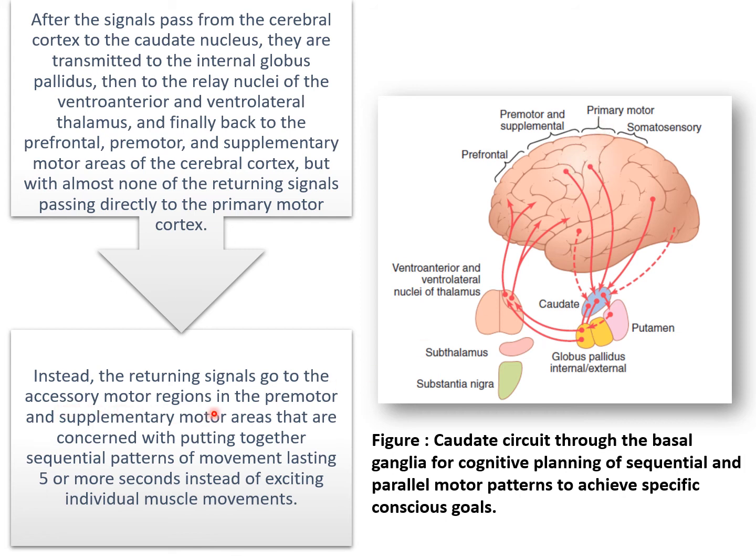Instead, the returning signals go to the accessory motor regions in the premotor and supplementary motor areas that are concerned with putting together sequential patterns of movements lasting 5 or more seconds, instead of exciting individual muscle movements. So this is the caudate circuit through the basal ganglia for cognitive planning of sequential and parallel motor patterns to achieve a specific conscious goal.